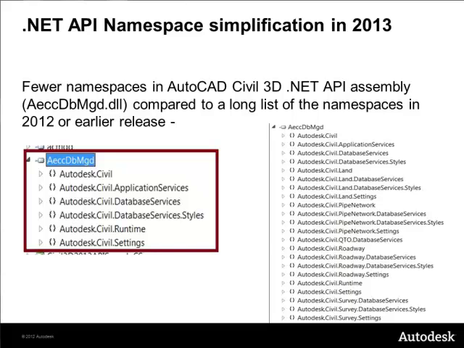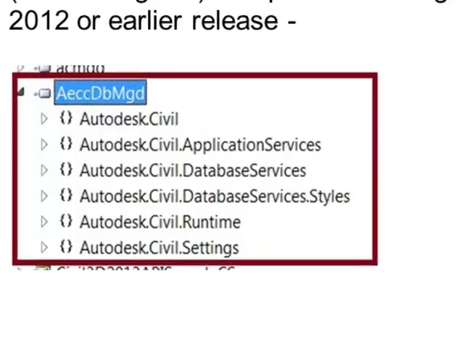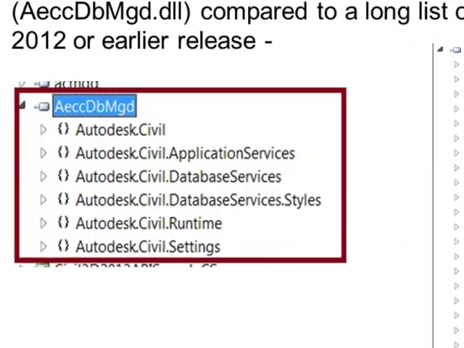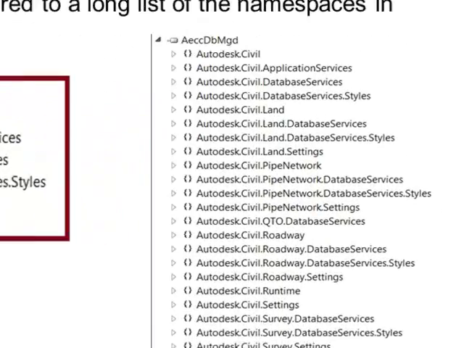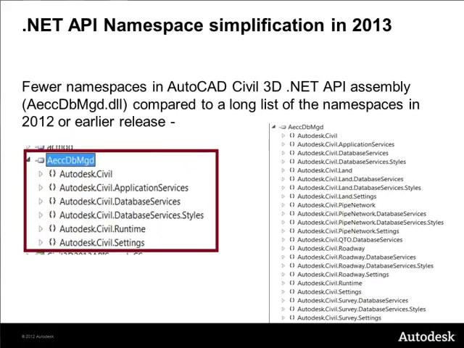The AutoCAD Civil 3D 2013 release introduces a namespace restructuring that simplifies referencing objects. We have fewer namespaces in the AutoCAD Civil 3D .NET API assembly compared to the long list of namespaces in 2012 or earlier releases.